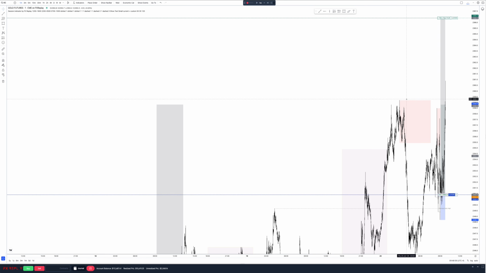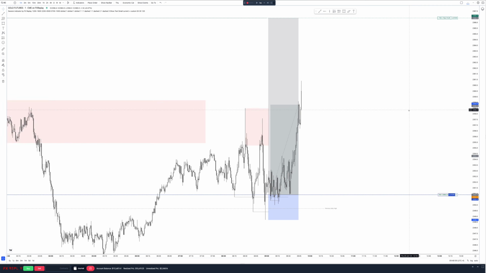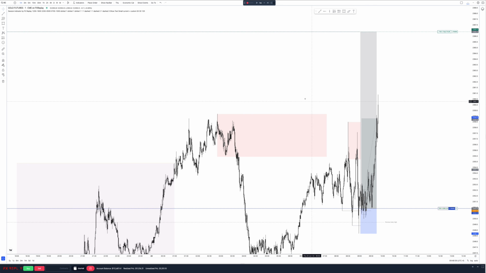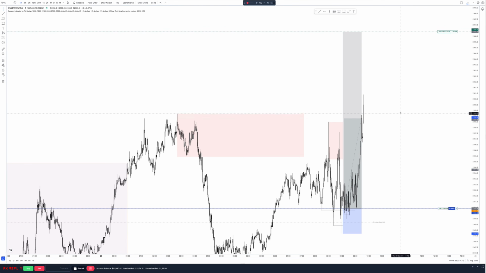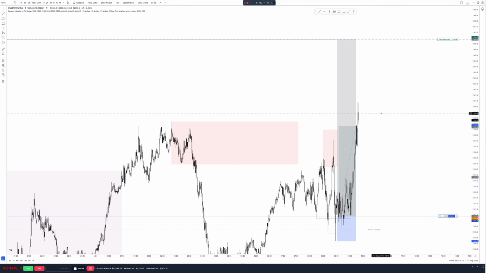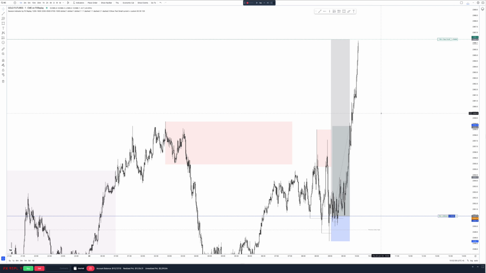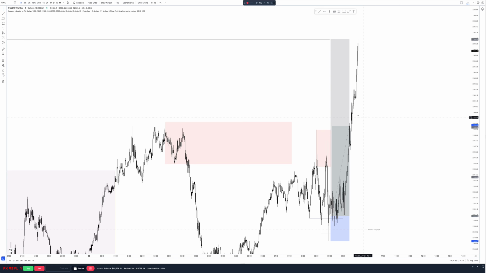Yeah, took out the highs. I will have to take some partials. Okay, let's say just do 25% here because I am confident in it going higher. Let's see. Okay, there you go. All right.